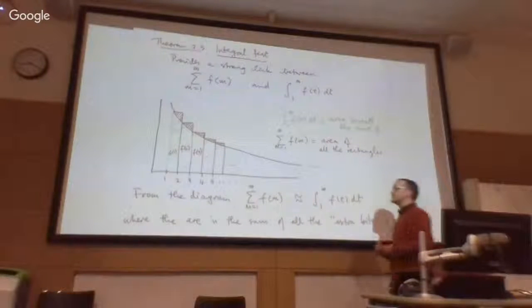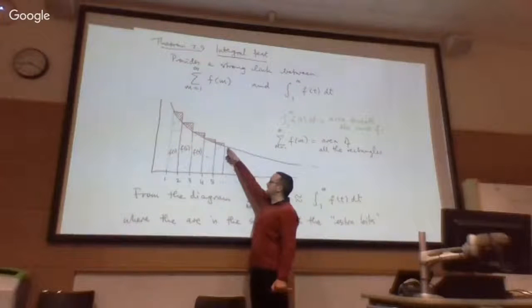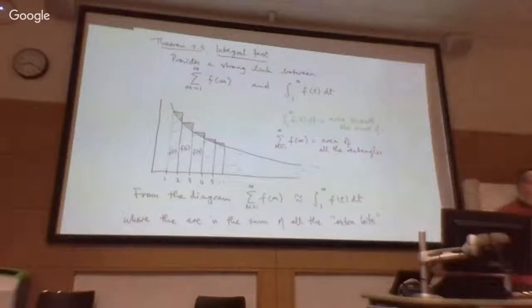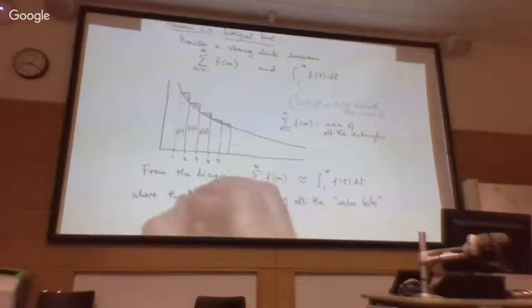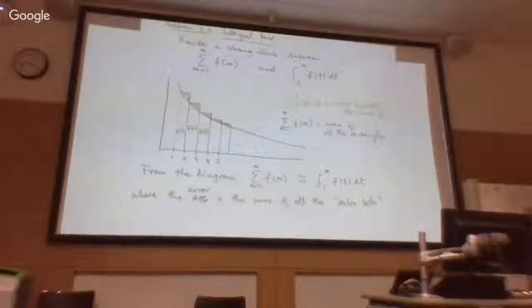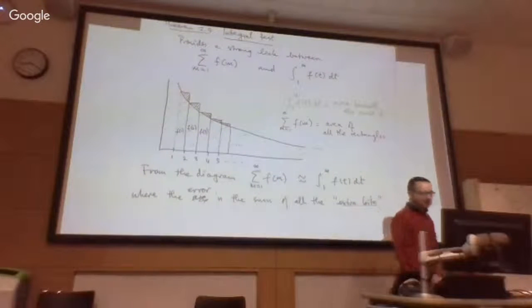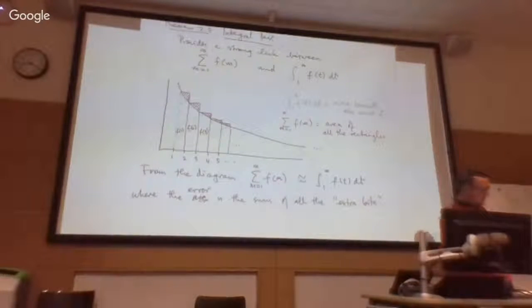Okay, each rectangle, because the function is decreasing, is poking out a little bit above the curve. The error in this approximation is all those bits. So the question is, what's the total error? What's the total measure of the error?